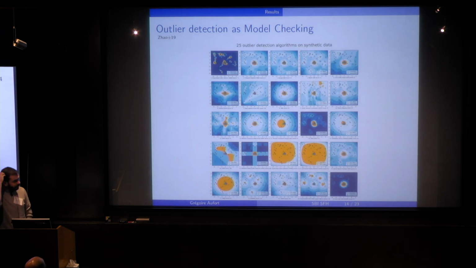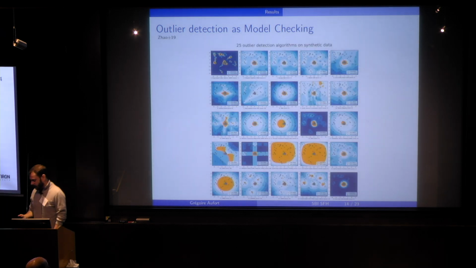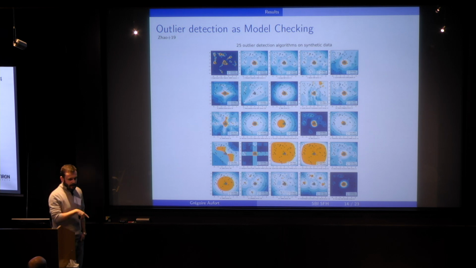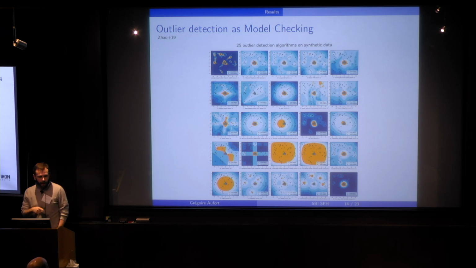In fact, we have way too many. And once again, since I'm Bayesian and I don't like to choose, I'll model average over those. I'll take a few of them that are different, some distance-based, some density-based. I'll set a threshold, have them decide whether an observation is in or out, and then I'll make them do a majority vote and decide this way.